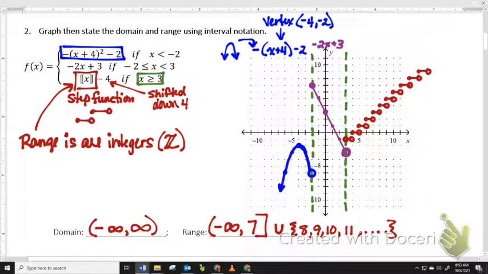Do you guys notice any discontinuities on this? At -2, what kind of discontinuity do we have? Jump. So there's a jump at x equals -2 and at x equals 3.